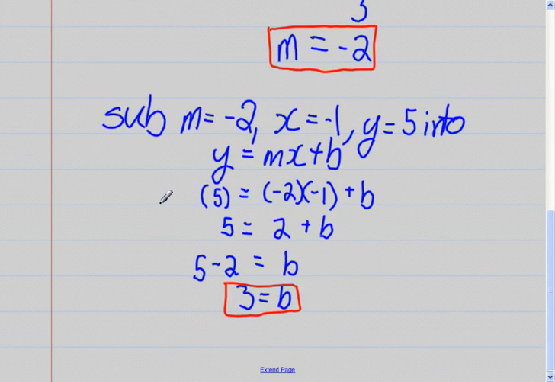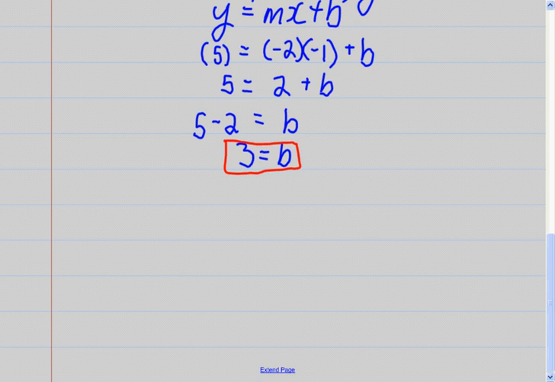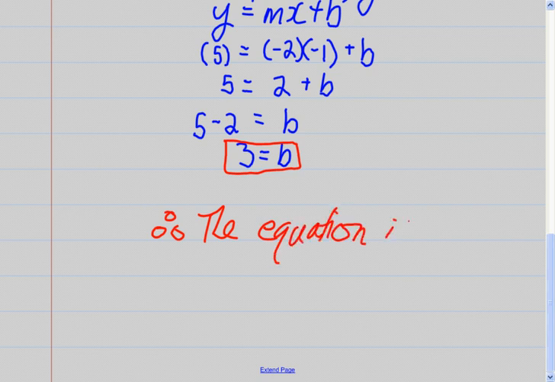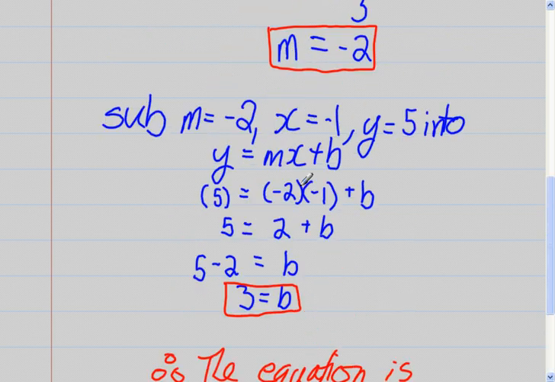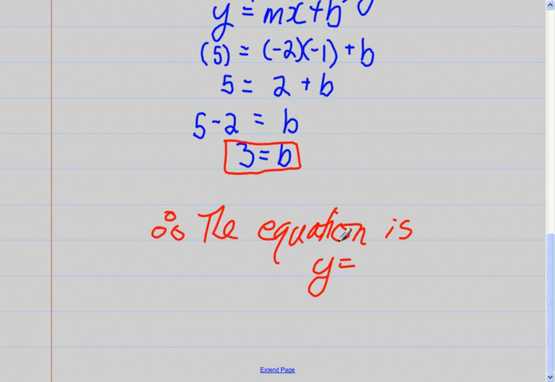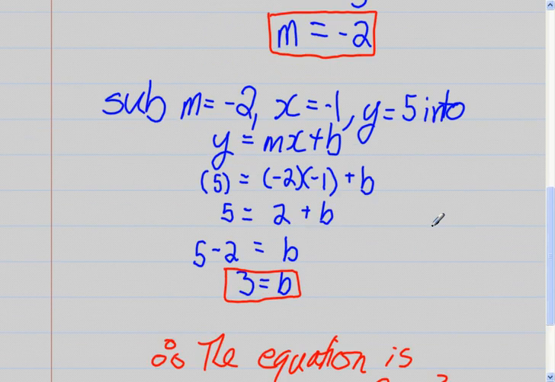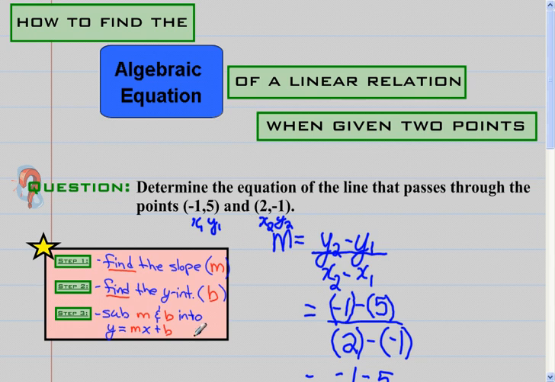And so what you do next is you state your conclusion, and you say, therefore, the equation is y equals, what was our m value again? -2x plus, what was our b value? 3. And there's the equation of a line that passes through these 2 points.